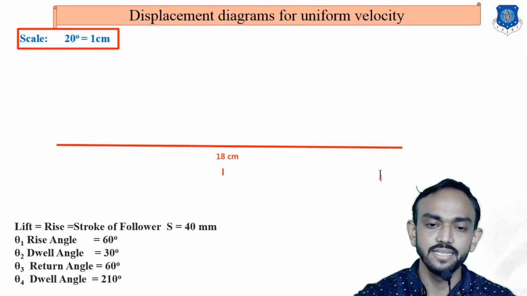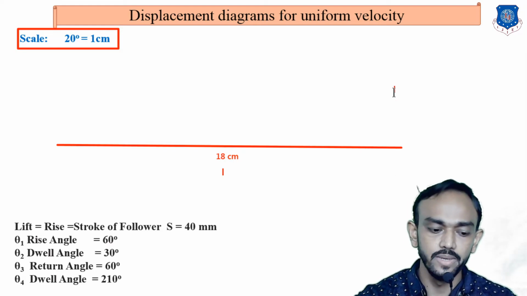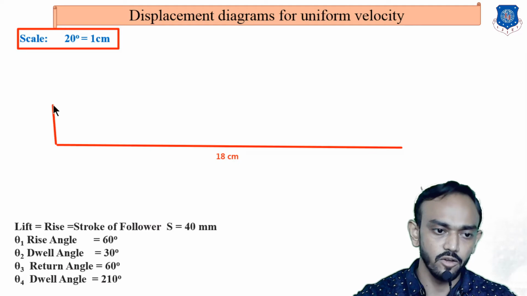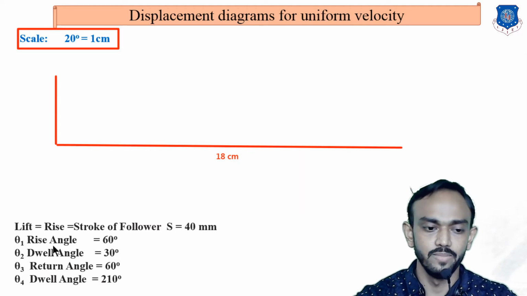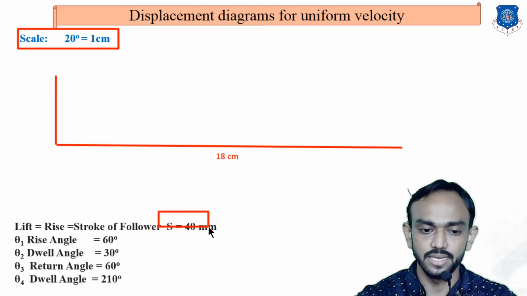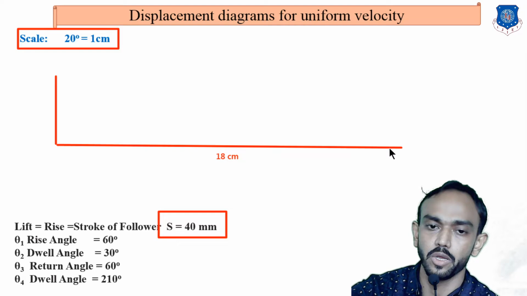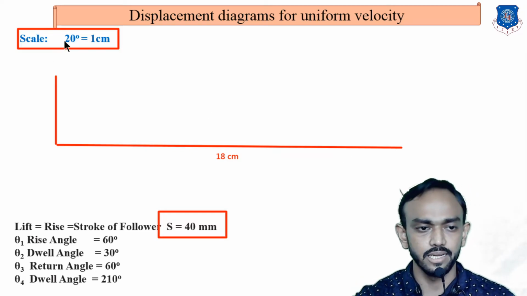A 18 centimeter line. And what will be the height of this rectangle? Remember, the height of this rectangle will be the same as the lift. Means 18 centimeter is fixed, because rotation of the cam is always 360 and the scale we have taken is constant.